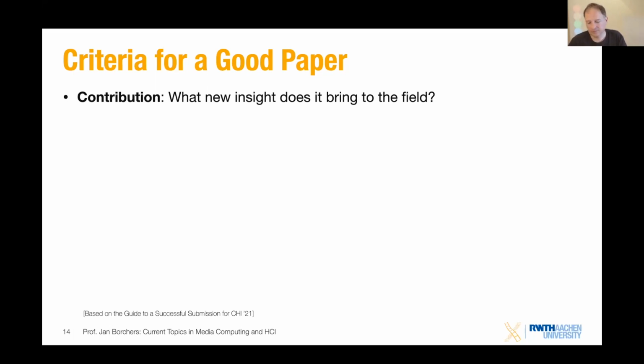That's really interesting. So the contribution should be the step forward, right? A major insight that is really important for everybody, for the community. And it should bring that, of course, to the field, right? Not a new insight to physics, but we're interested in an insight to HCI if it's being sent to an HCI conference like CHI.